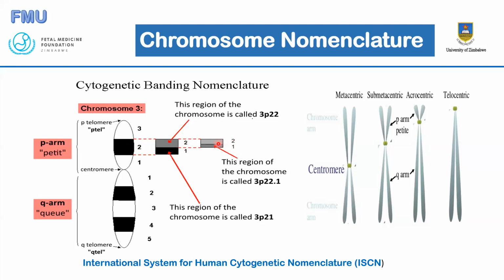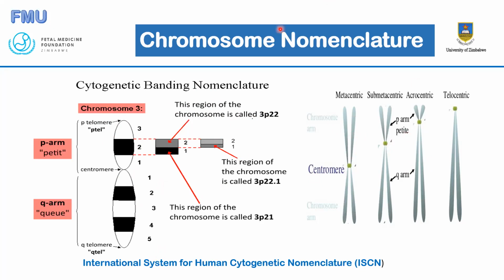So that when you are labeling a certain region, for example, if you want to label this region, we are going to call this chromosome number 3 on the short arm, that is the P, then on region 2 and subregion 2. So this is how the chromosomes are labeled.